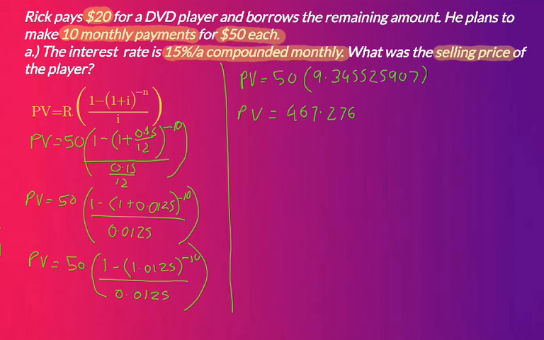In order to get the selling price, we need to add $20 to our present value, as it was paid before borrowing the money. So let's say the selling price is S equals PV plus 20. So S equals 467.276 plus 20, so S equals 487.276.